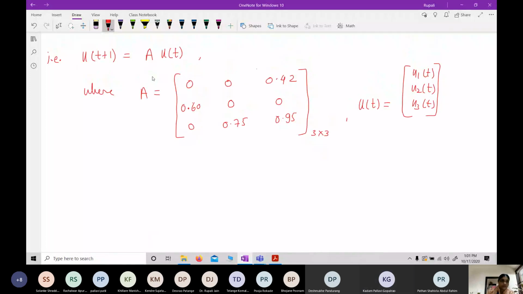So now, before going to see the solution of this system of equations, we will need to revise some concepts of linear algebra.